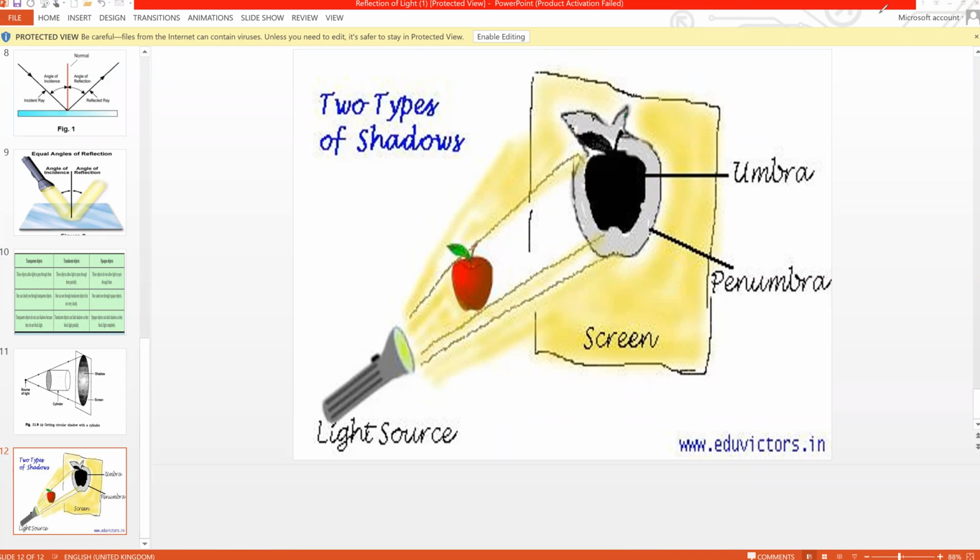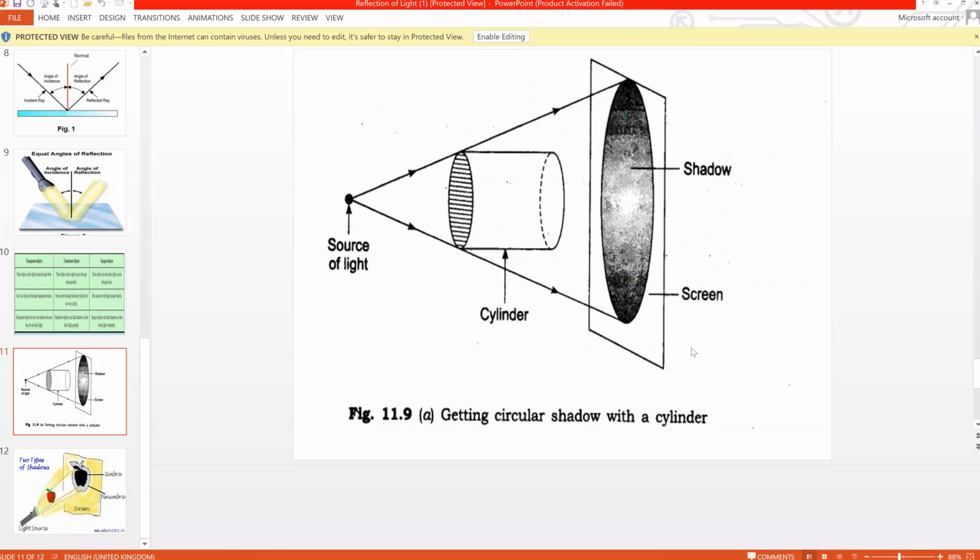Next, one more slide. How does the size of the light source affect the shadow's darkness and lightness? It is a physical phenomenon. The penumbra is the light colored area.